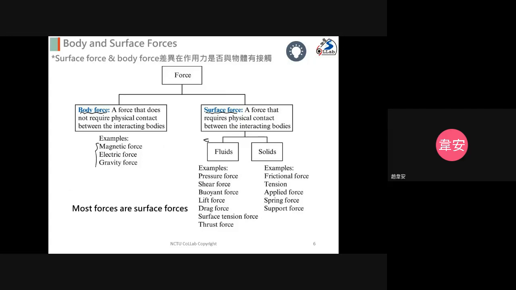For fluids, we have the pressure force, shear force, buoyant force, lift force, drag force, surface tension force, and thrust force. But for solids, we have frictional force, tension, applied force, spring force, and support force.